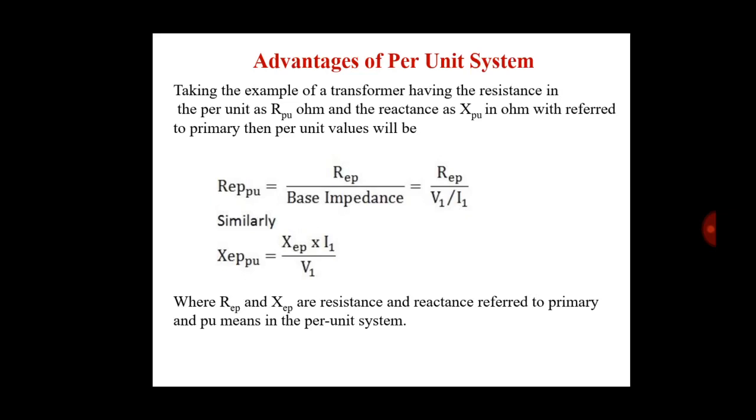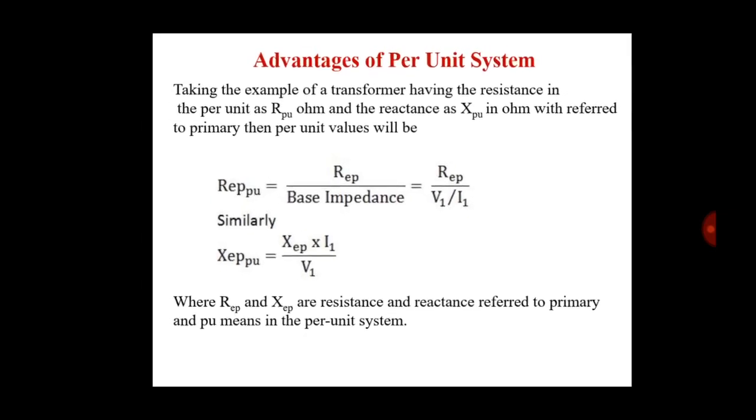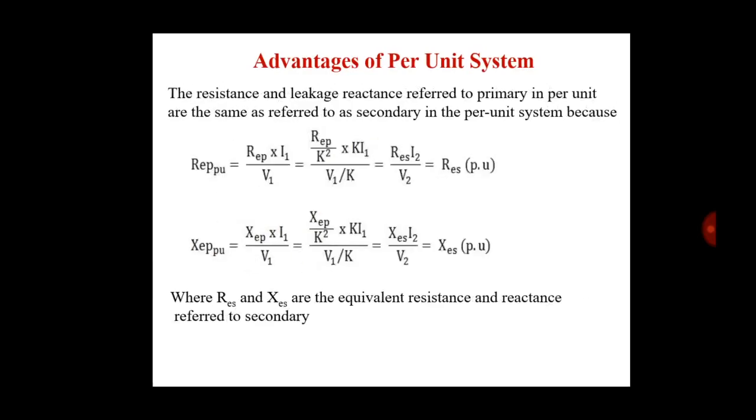So X primary per unit is equal to X primary into I1 divided by V1, where R primary and X primary are the resistance and reactance referred to primary, and per unit means in the per unit system.